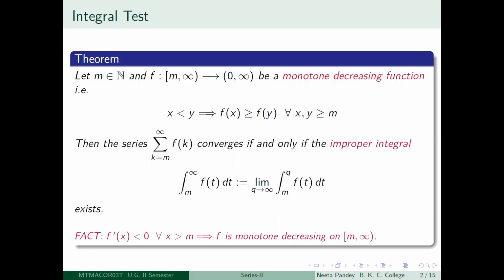We will do this in detail later on, but for the time being, let us know that this is the basic property. And how does one determine whether a function is monotone decreasing or not?